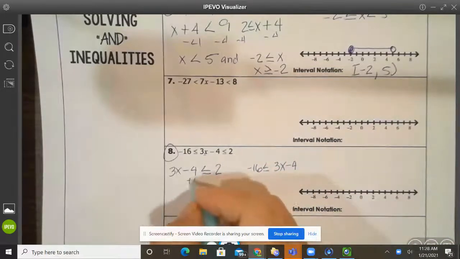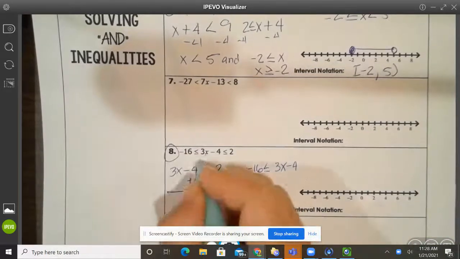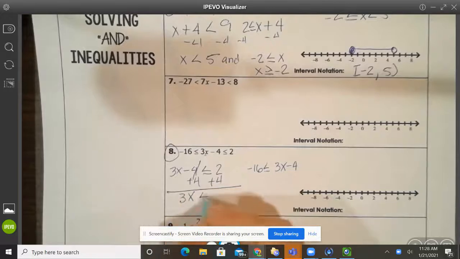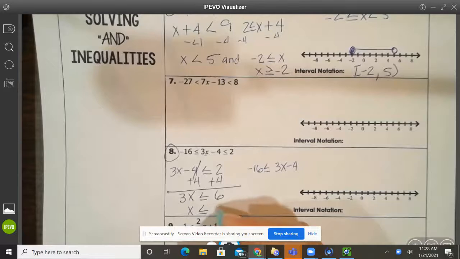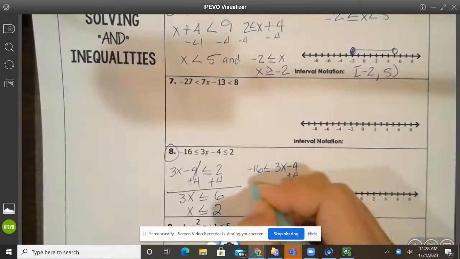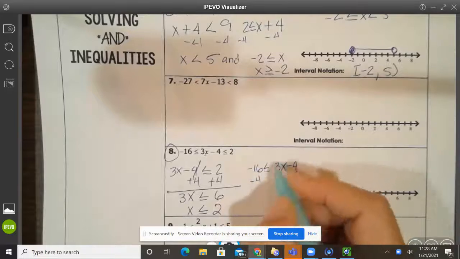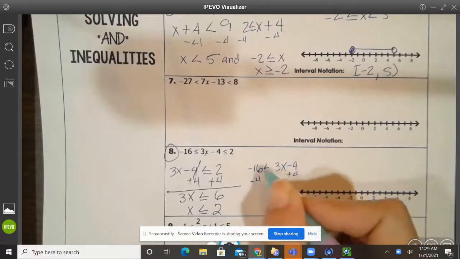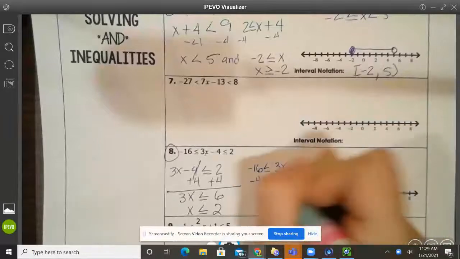So plus 4, plus 4 goes away, 3x is less than or equal to 6, and then you divide by 3, and then you get 2. And then on this side, it's plus 4.